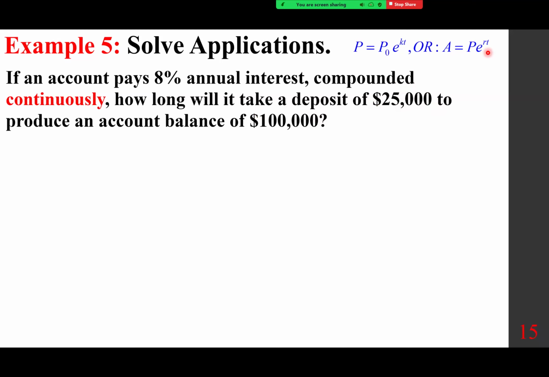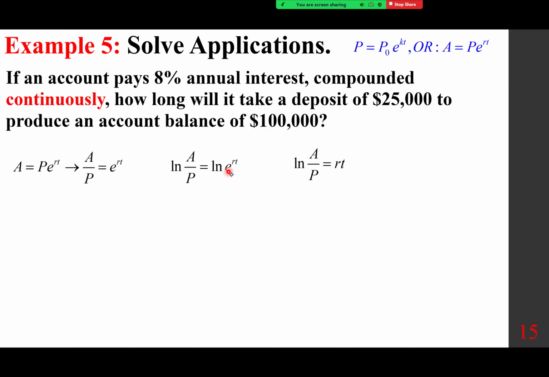I want to show you, if you want to solve it in general, for example, A equals P e to the power of RT, if I divide by P, I can take the natural log of both sides, and the right side becomes RT.